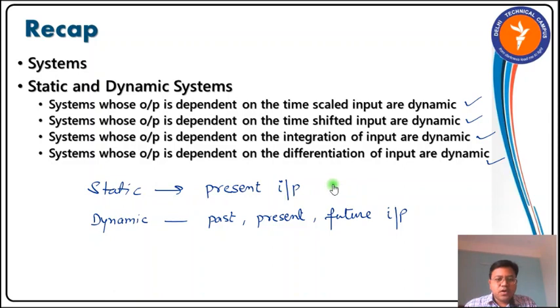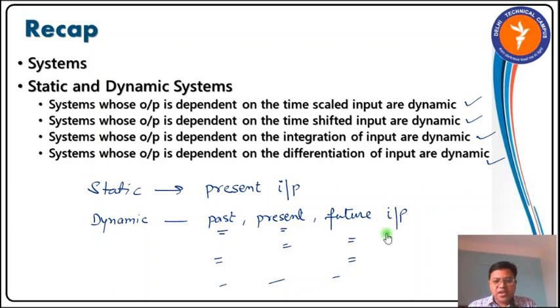So whenever we have a system which depends only on the present input, we say that system is static. But if we have a system which depends upon past and present, or present and future, or past and future, or all of the three, then we say the system is dynamic in nature.